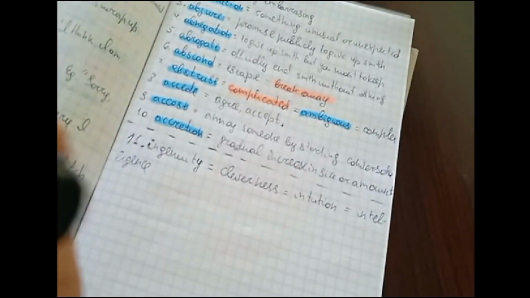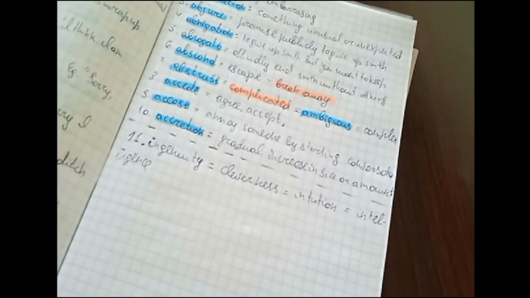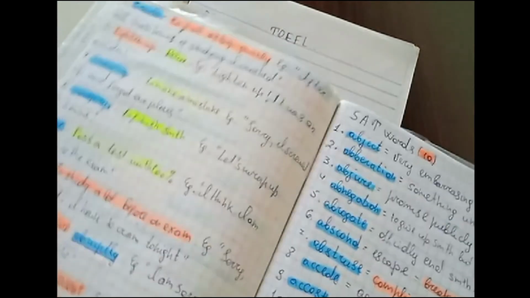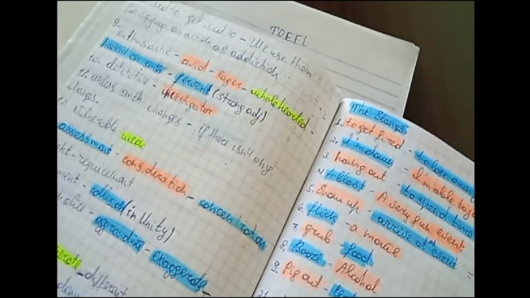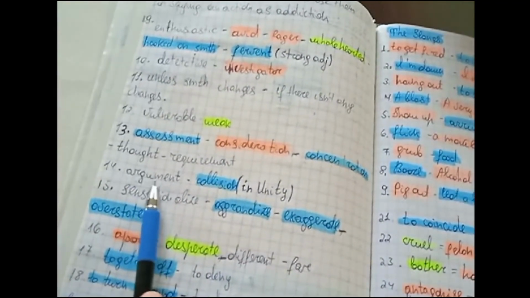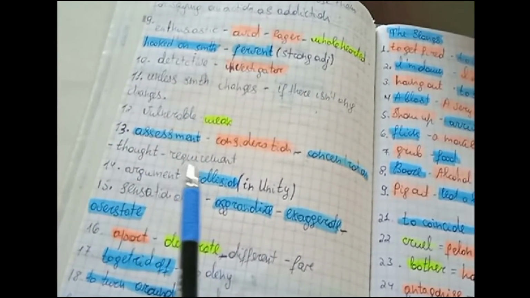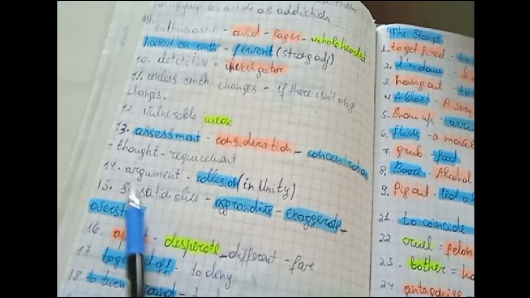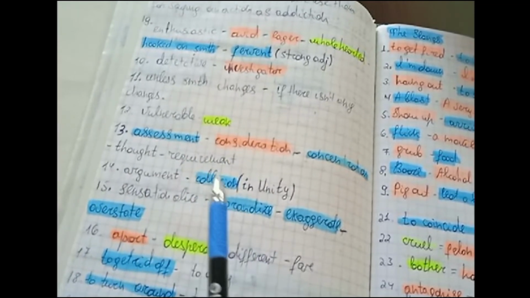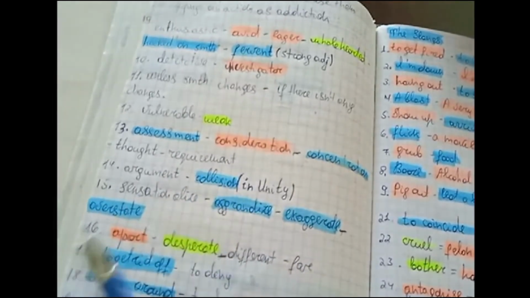But I don't highlight the simple words. For example, you can see this word I didn't highlight: argument. Because argument is a main word. For example, I found a word and I use this word instead of it, so I don't highlight it.